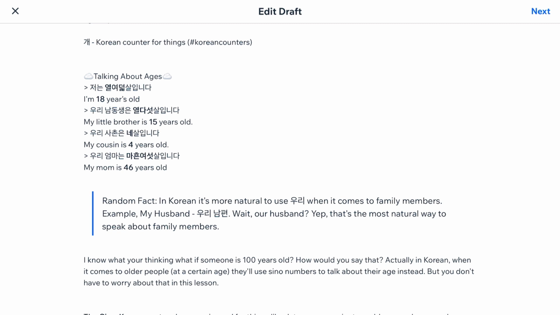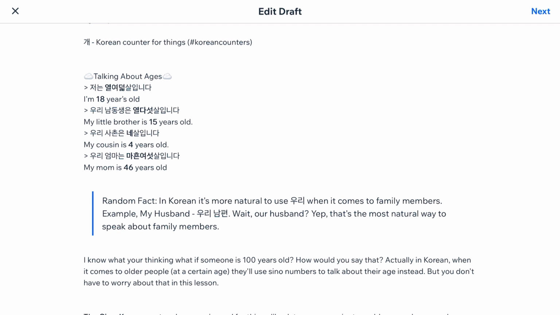So if you haven't learned the native numbers, once you get to 20, 30, 40, 50, 60, 70, 80, 90, those are all different words. They have a separate word to learn for those. So 마흔 is 40, 46. Random fact, and I kind of talked about this in another video, but a lot of times, it's more natural to use 우리 when you're referring to family members.